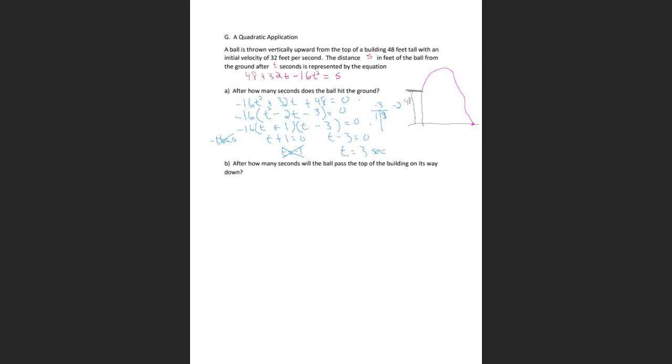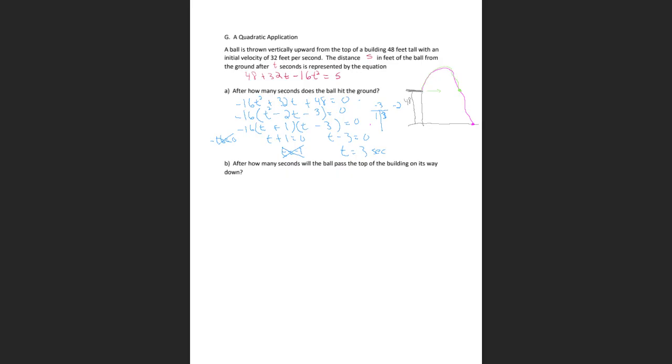So we're looking for when the ball is about here. Notice how, again, the height off the ground is going to be that 48. So we do know the height. Height off the ground, we do know what S is, we just don't know what t is.